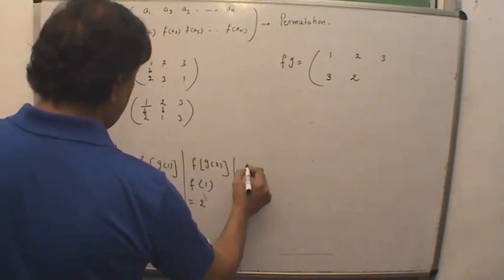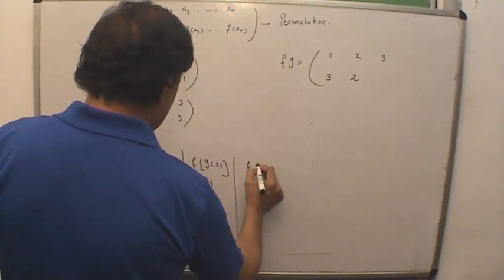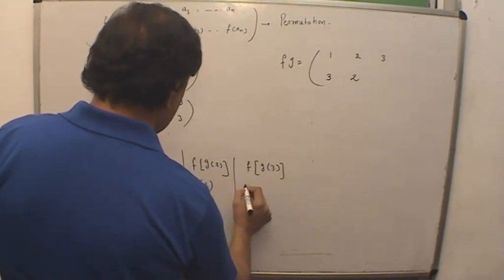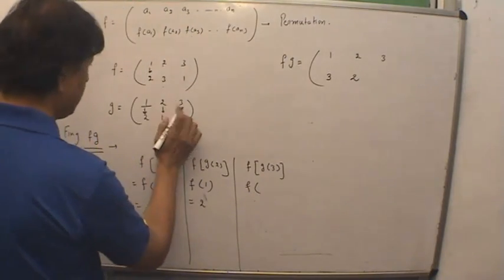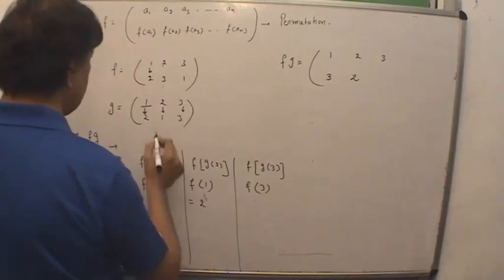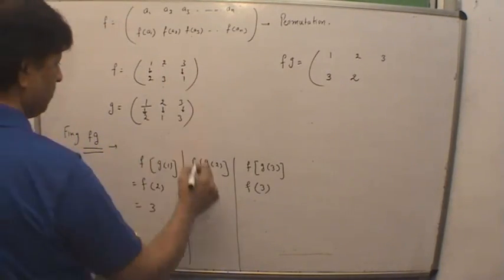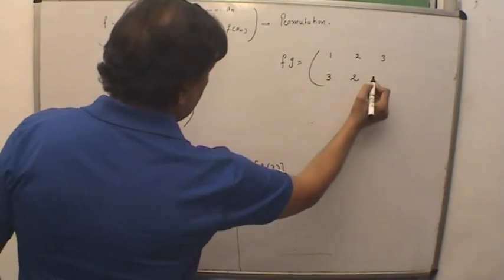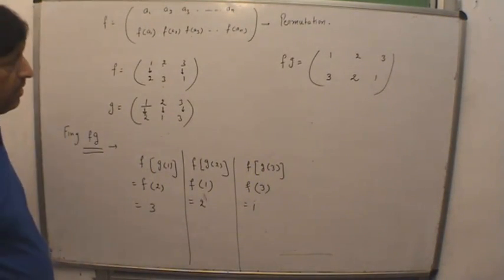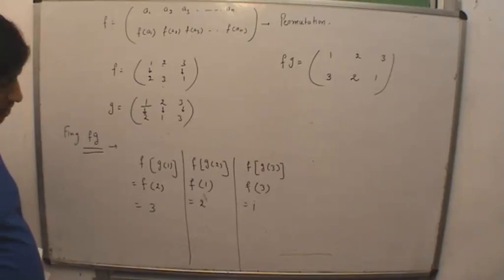Again, we find f of g of the third element, 3. In g, the image of 3 is 3. Then f of 3, here the image of 3 is 1. That is f composition g in the form of the permutation.